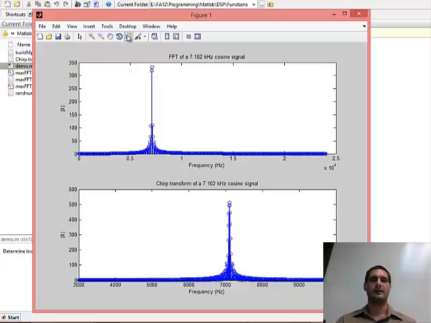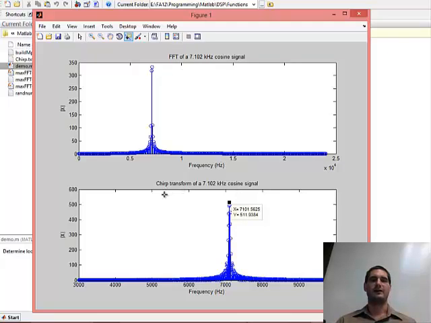Looking at the FFT right here, we see a spectral peak at 7.125 kilohertz, which is a little bit off compared to our desired signal. Looking at the chirp Z transform, we see that it is at 7.1016 kilohertz, which is very, very close to our desired signal.